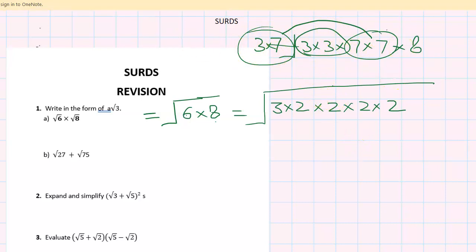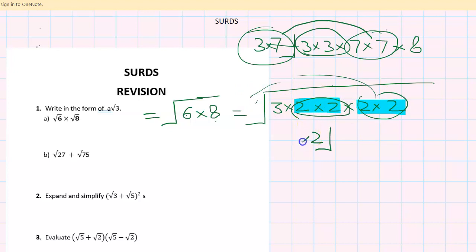Now here we can see we have a pair of 2 and also another pair of 2. So from this one, this 2 has come out, and from this one, this other 2. So inside the root there is only 3.